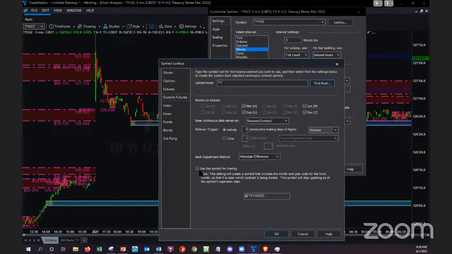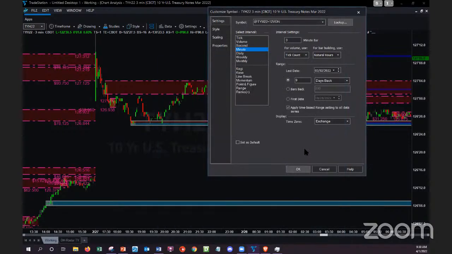Okay, and we want to trade this. Use a symbol for trading, so we're going to use the exact month. So we want unadjusted, which gives us the volume unadjusted. Okay. And 3/2, 9 days back.